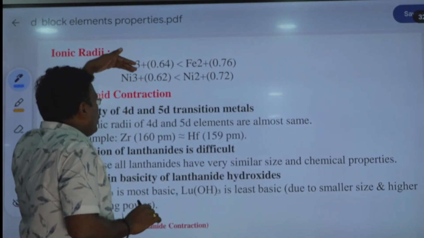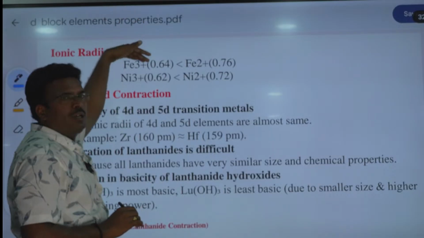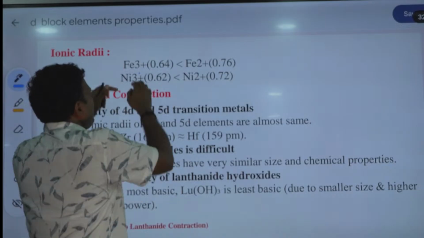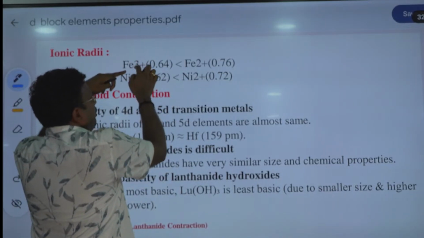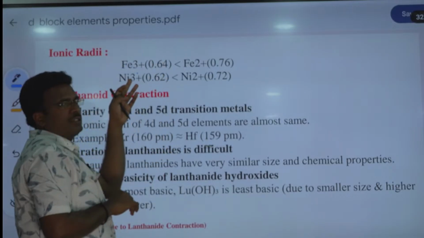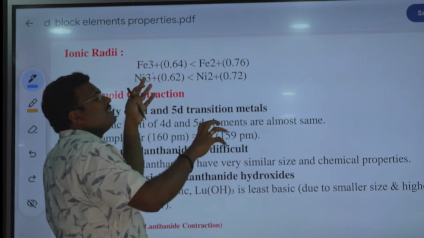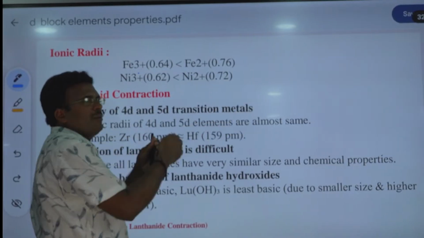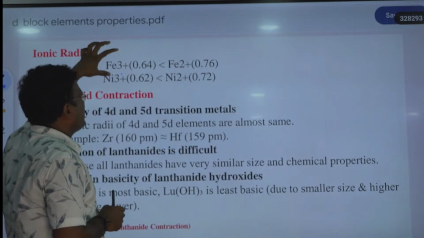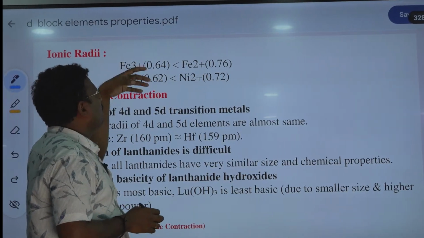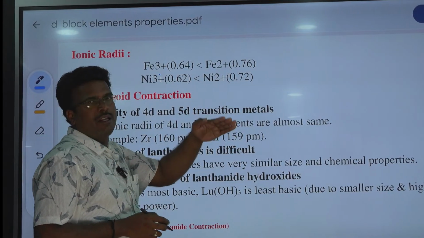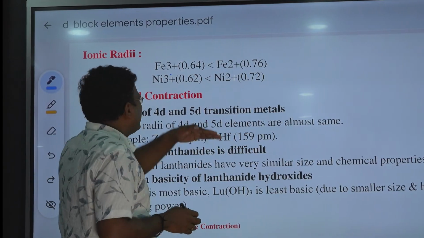Whenever the nuclear charge increases, the ionic radius decreases. With iron plus 2, one electron is removed from the outermost shell, the nuclear charge increases, and the outermost electrons are attracted to the nucleus, so the size decreases. The more positive charge on an ion, the smaller the radius.